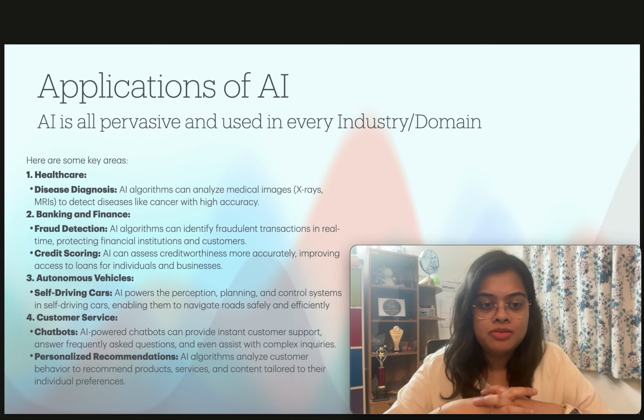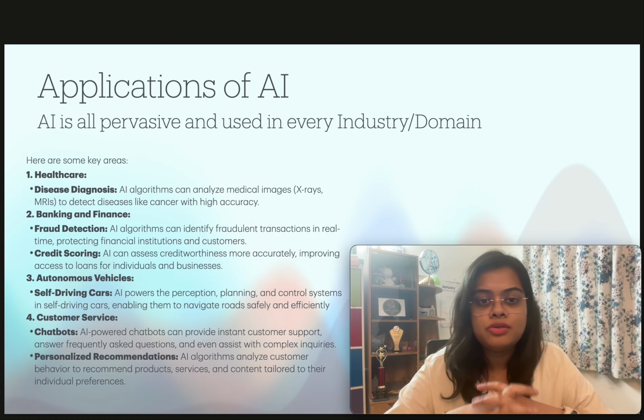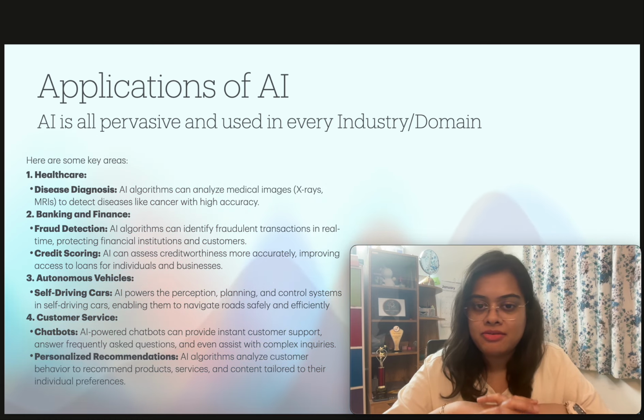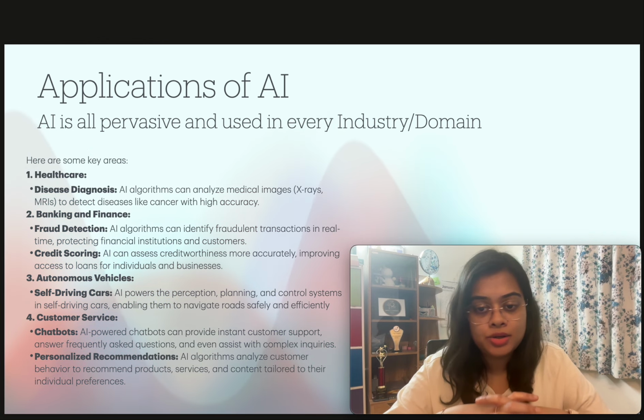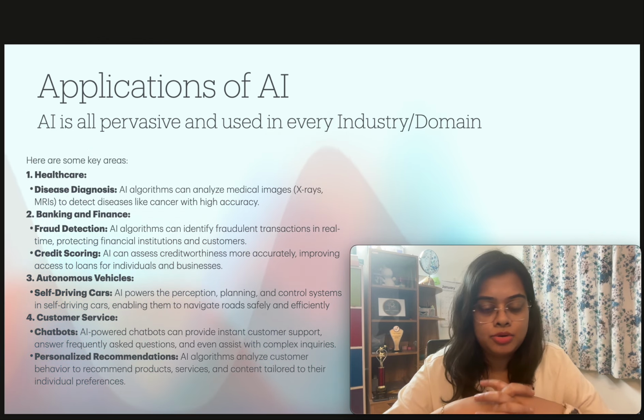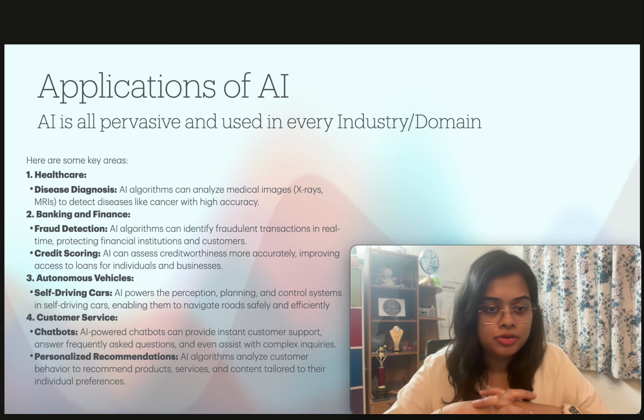In fact, if you look at e-commerce, the recommendations that are given to you, all of that is AI. So AI is currently used in every industry, every domain, and you must know the basics so that you're able to understand what is happening and also able to apply it in your current job role or field of interest.